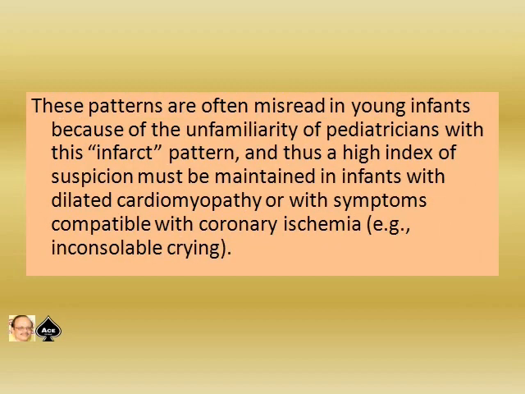These patterns are often misread in young infants because of the unfamiliarity of pediatricians with this infarct pattern, and thus a high index of suspicion must be maintained in infants with dilated cardiomyopathy or with symptoms compatible with coronary ischemia, like inconsolable crying.